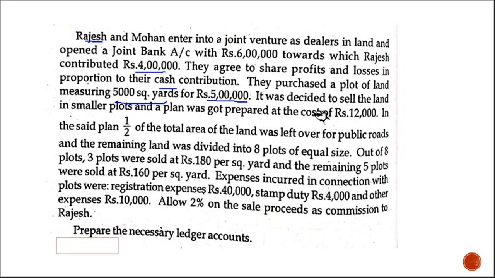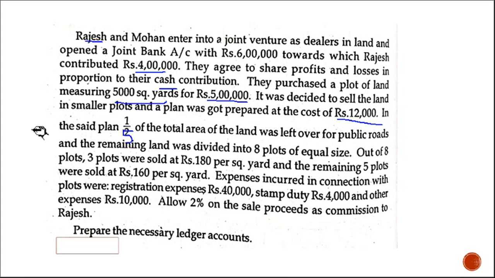It was decided to sell the land in smaller plots, and a plan was got prepared at the cost of 12,000. So plan preparation 12,000. In the plan, so this should be 1 by 5. Okay, print mistake, because half no one will give. 1/5 of the total area of land was left over for public roads.